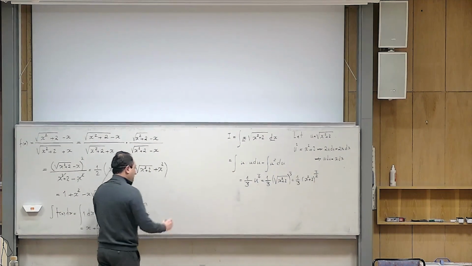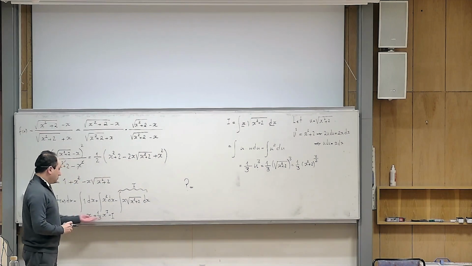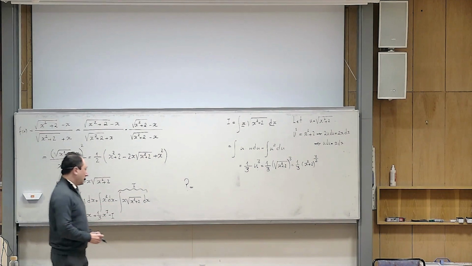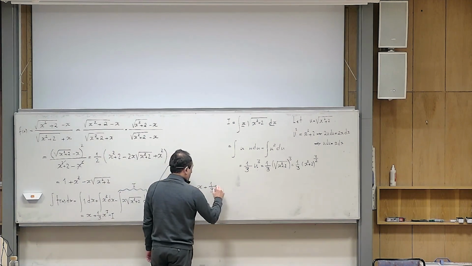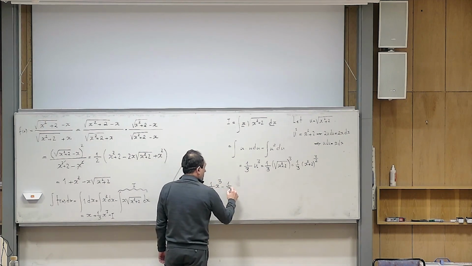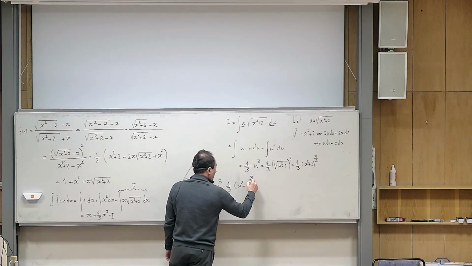Okay, so now, we already had these two parts, and now I have calculated I, so I just combine them and I have my solution. This becomes x plus 1/3 of x to the power of 3 minus 1/3 times x squared plus 2 to the power of 3/2.